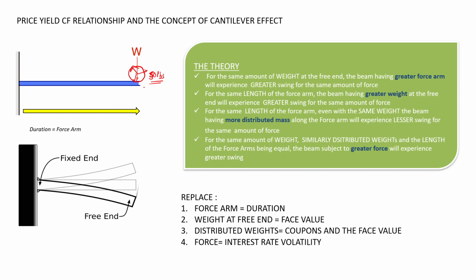To one beam we apply greater force than the other. What will happen? Obviously, the beam which has more force applied to it will swing more violently than the one where the force applied is less. Right? Again, common sense only. Great.